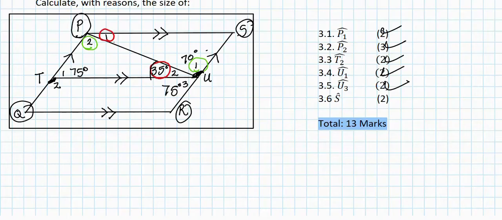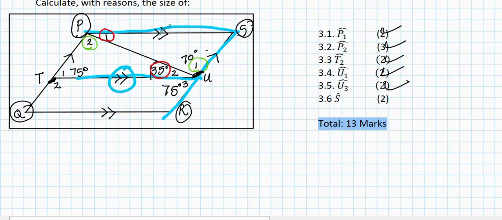I mean, we are spoiled with options here. Firstly, we have this one. Look at here. We have an F formation right there with parallel lines, which means this angle is equal to that angle. So we already know that angle S is 75 degrees without sweating anyhow.